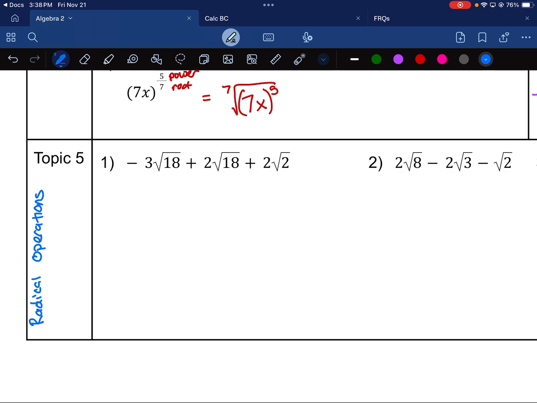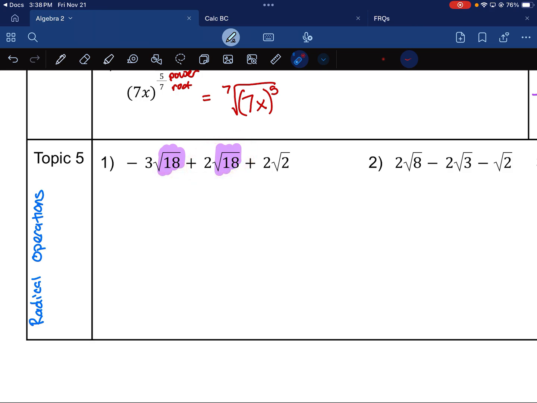your like terms. Like terms, when we're talking about roots, are things that have the same radical. So on number 1, I see radical 18 and I see radical 18 right there. When that happens, you add your coefficients, because if you think about it, this term is telling you you have -3 of a radical 18.